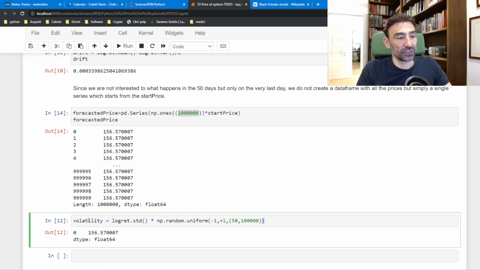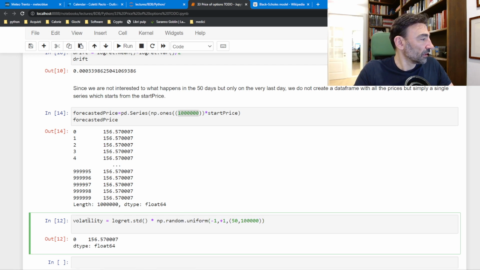So this generates a matrix with 50 because we need one value for each step. We cannot have just a vector with 100,000 values, because otherwise every day will be identical to the previous one, which is something unrealistic. So we have a matrix with 50 days and 100,000 simulations.